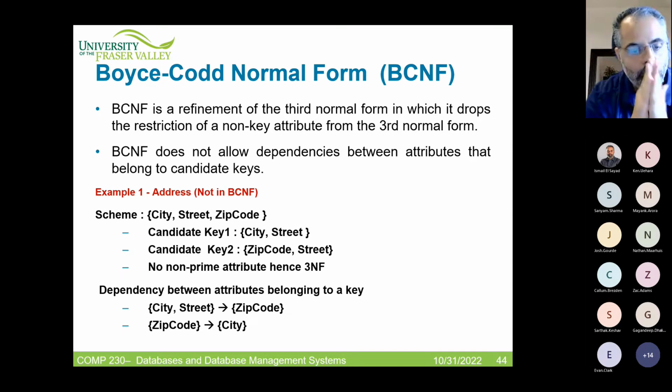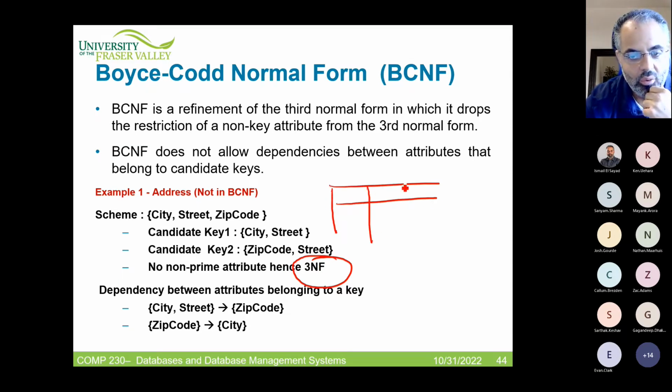Suppose that the schema we have here has three attributes: city, street, and zip code, and we have two candidate keys, either city and street, or zip code and street. Both are candidate keys. So we don't have a non-prime attribute, so it is in third normal form, because in this table we have three attributes, city, street, zip code, and all of them are prime.